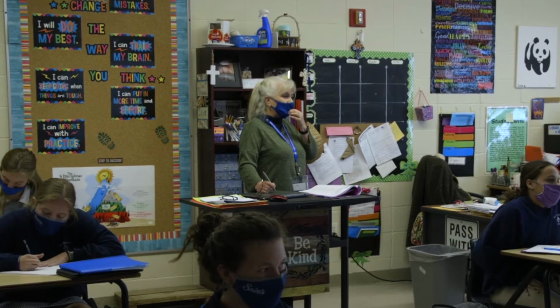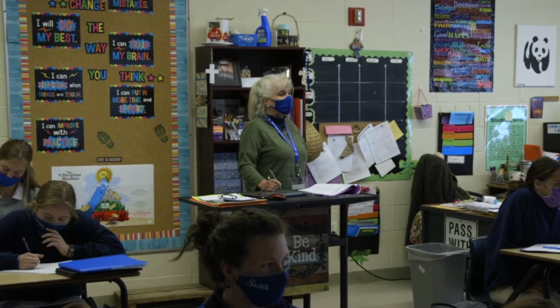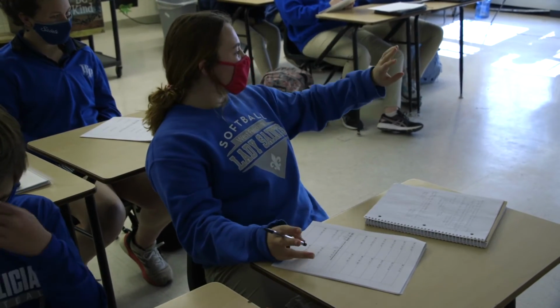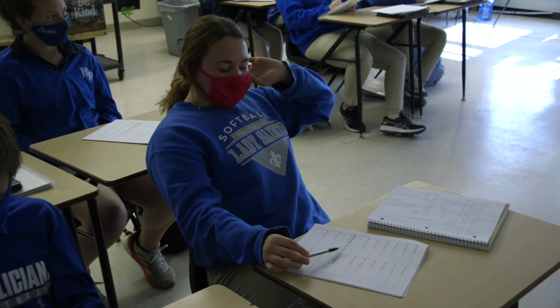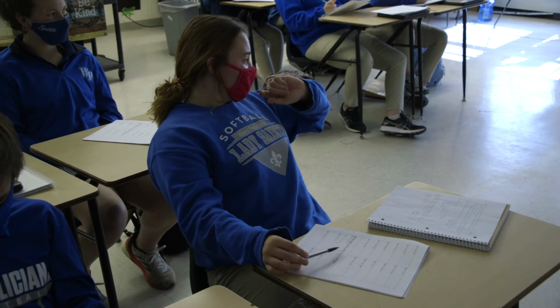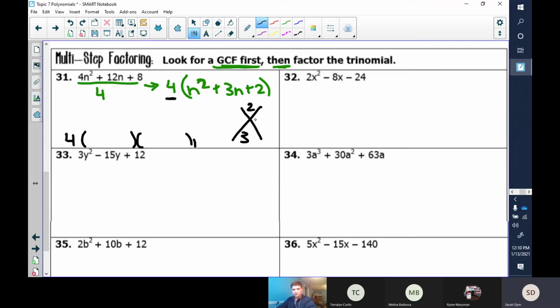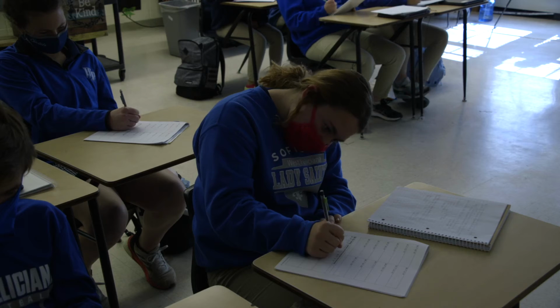So then how are we going to factor n squared plus 3n plus 2? Amber? Well, we can draw the x, and I got n plus 2 and n plus 1. Okay, so once we focus our thinking on what we're looking for, something that multiplies to 2 and adds to 3, it's n plus 2 and n plus 1.